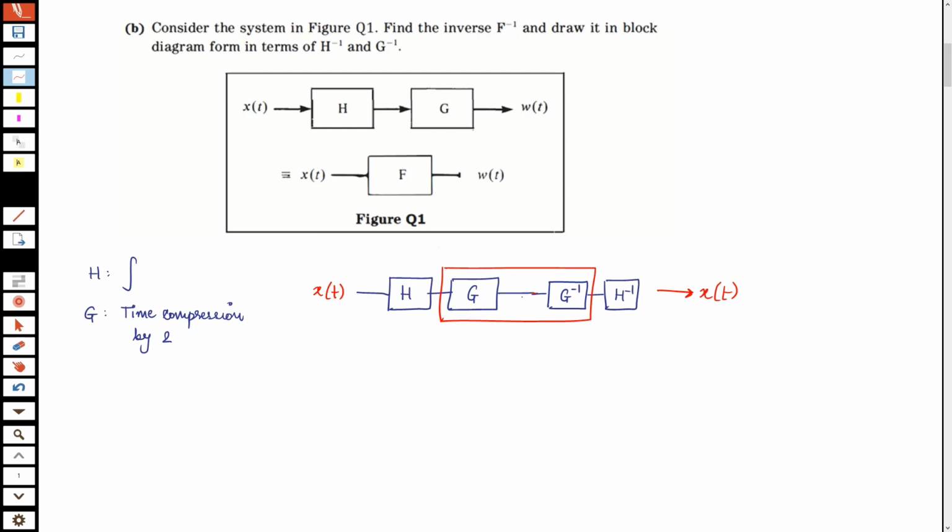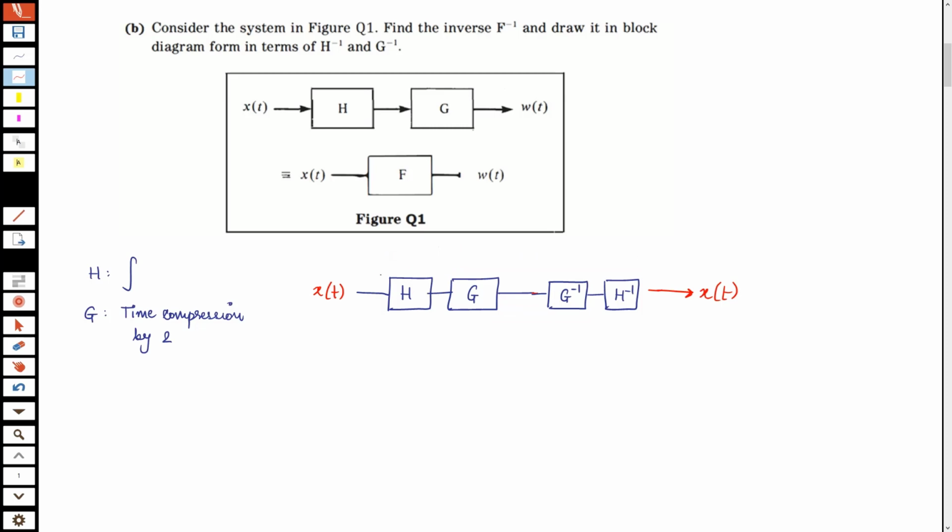So there is no change in the input, and if you look at this larger picture, H followed by a system which does not do anything to the input, followed by H inverse, this also should result in the same input x(t).